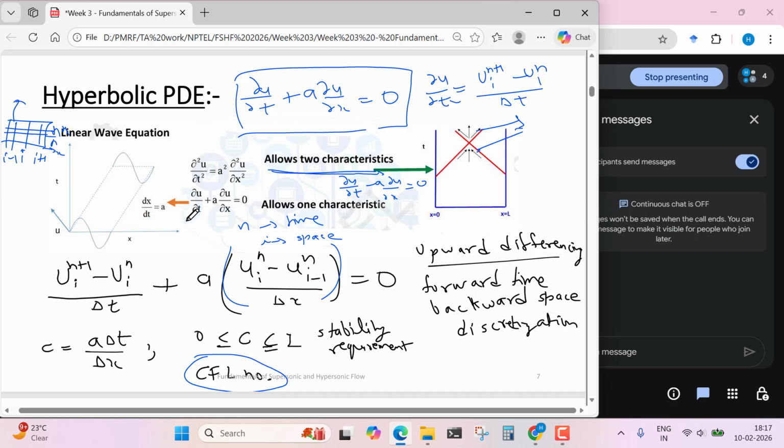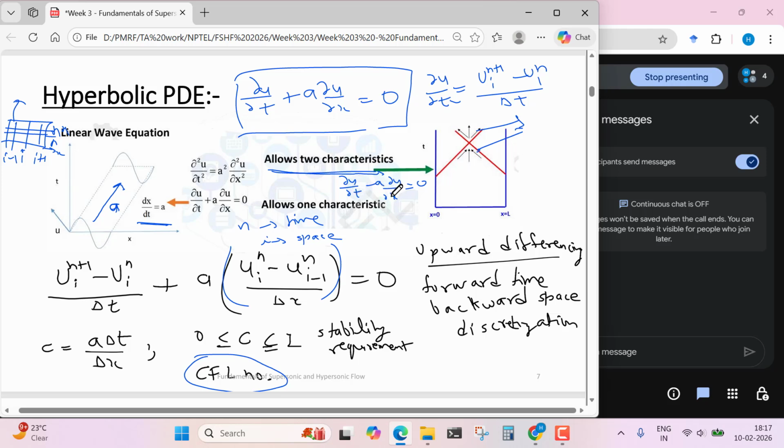If you see this characteristic, ∂u/∂t + a ∂u/∂x, let's say there is one wave in space-time. It is given by this, and at one point it has a velocity u. This whole wave is moving with velocity a in space-time. So dx/dt for this wave is a. Let's say there is a different characteristic, ∂u/∂t − a ∂u/∂x.